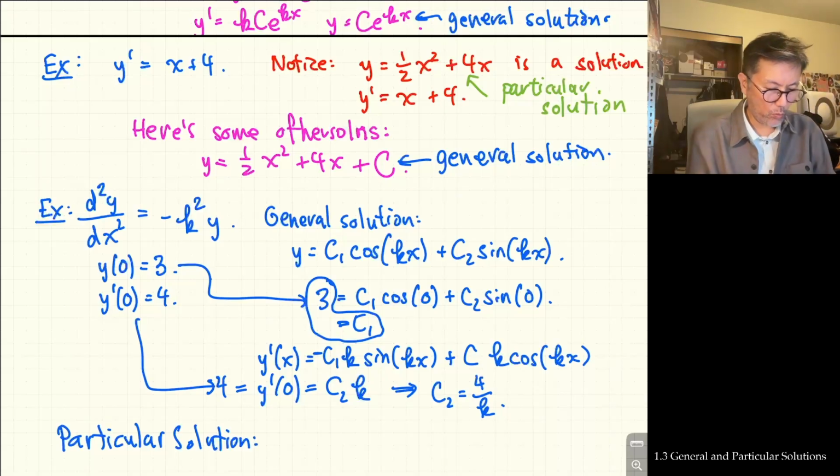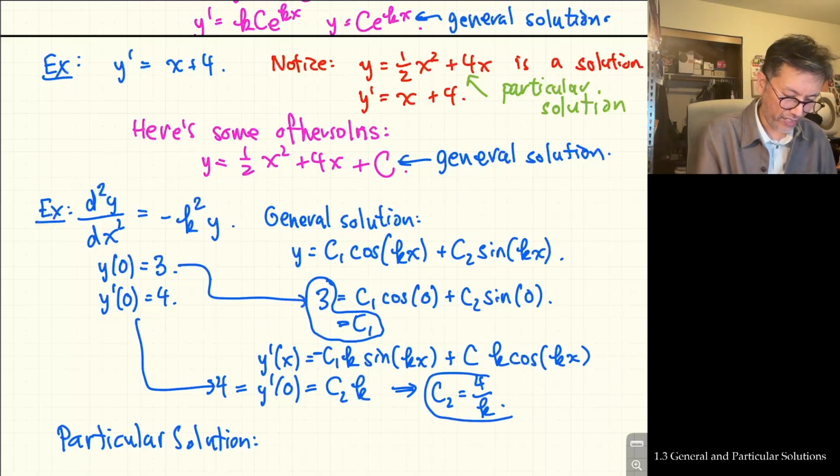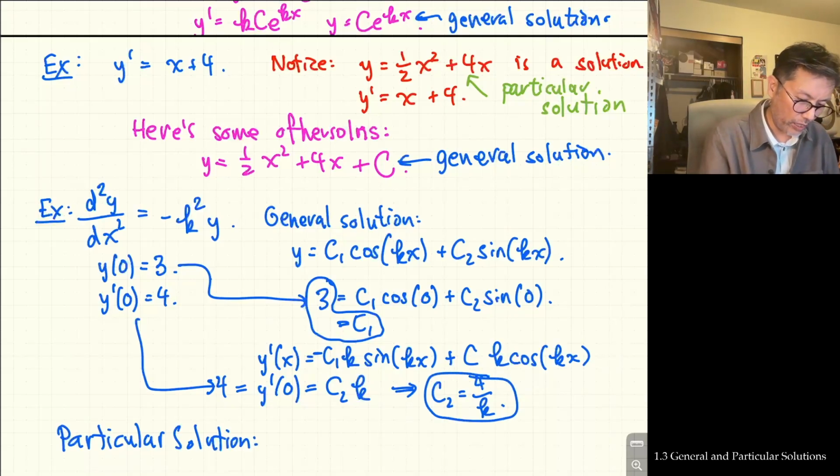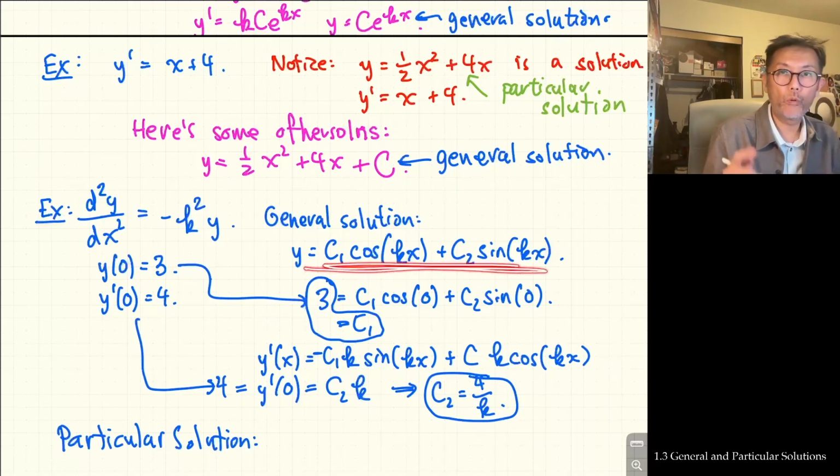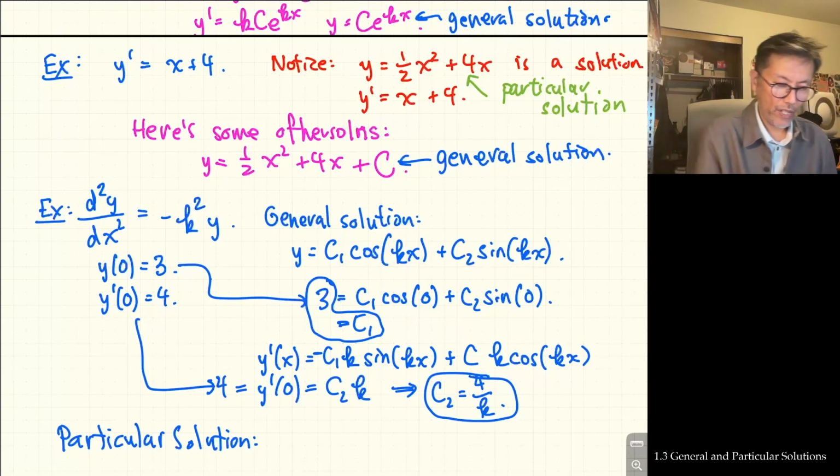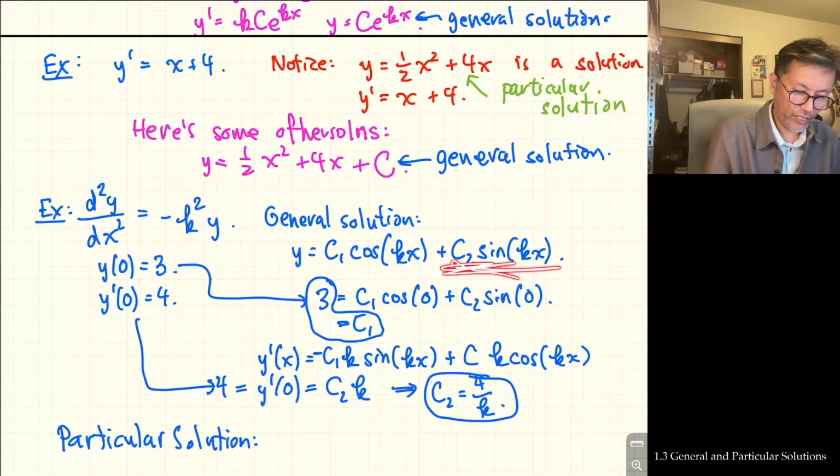And this is going to be, well, C1, we know what that is now. It's 3. So we're going to just replace in the general solution, which is right here, C1 by 3. And we're going to replace C2 here by 4 over k.